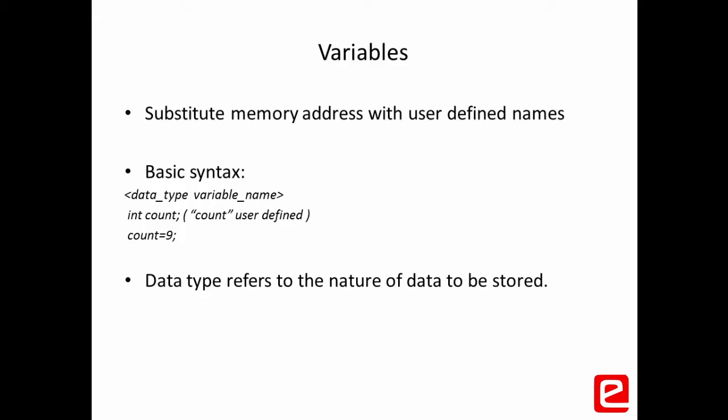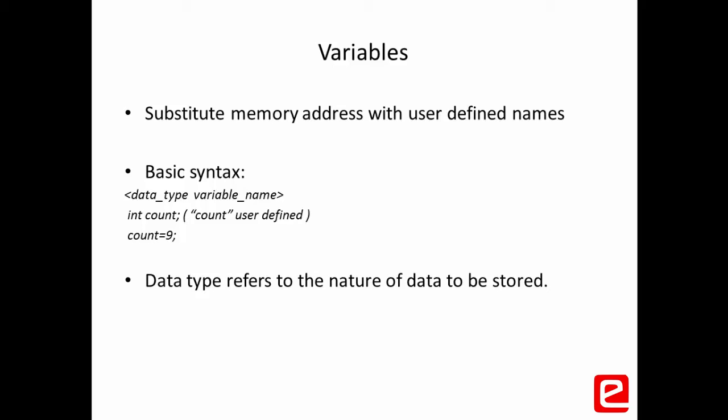So, in this case, the variable count stores integer values, and I have stored the number 9 in the variable count. If you see closely, the variable count now points to the memory location where the number 9 is stored. This is how we can use variables inside an embedded C program, or in programming in general.